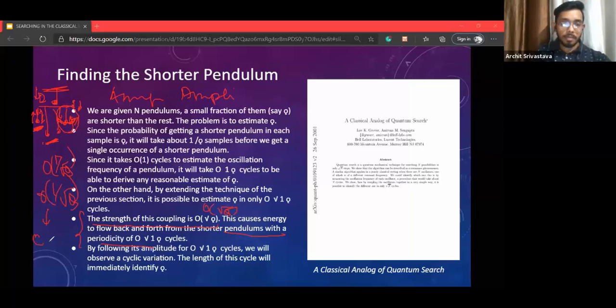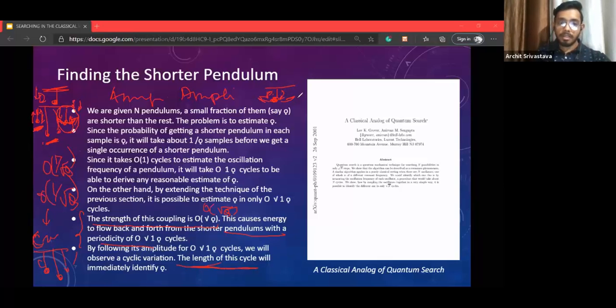So we'll be able to clearly see which pendulum is behaving differently from the other pendulums that we have. Say suppose this is the shorter pendulum we are analyzing, the energy is moving back and forth in it, and its amplitude is increasing in the time step.